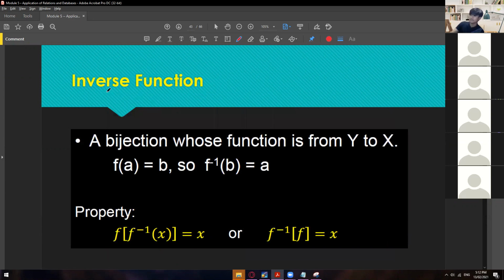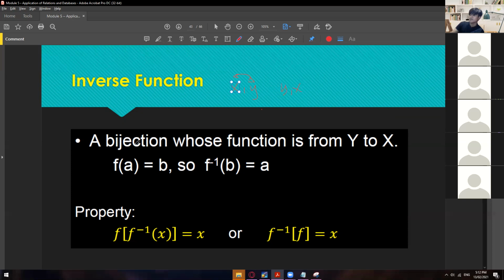And then we have here the inverse function. To make it short, your x and y will interchange with each other. What do I mean by that? Your x will become y, your y will become x.